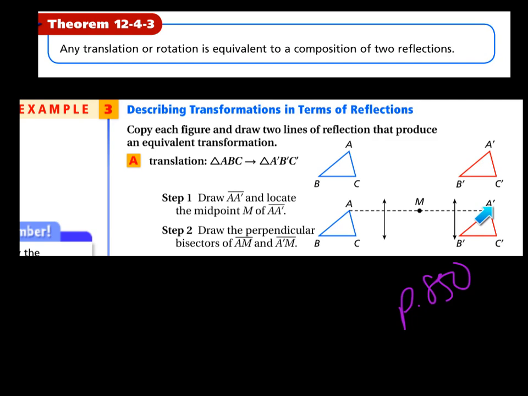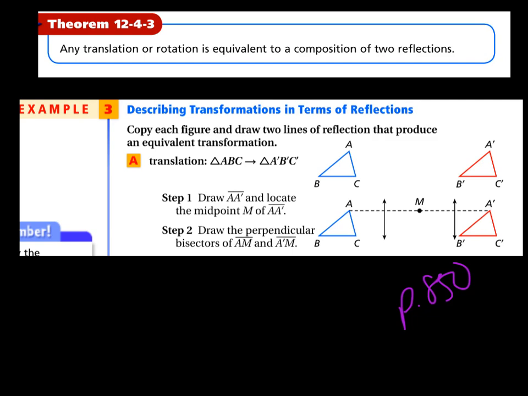Now you could do B to B prime, C to C prime. We then locate the midpoint, which we can call M. Then we can draw perpendicular bisectors of AM and MA prime, and we draw our lines of reflection. So this is your line of reflection, this is your other line of reflection, and we're done.